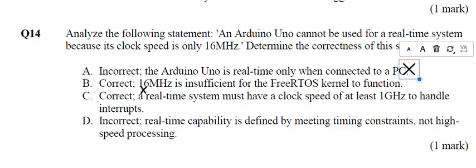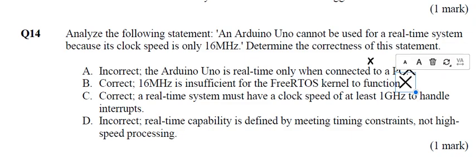Next, correct, insufficient. Remember, a real-time system is not about the speed. It's about whether we can achieve the desired temporal correctness, to fulfill the timing constraint. That's why it's incorrect.